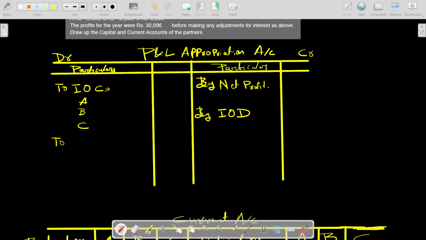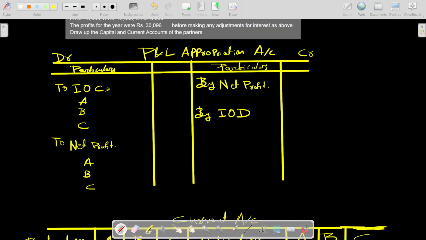But in the problem we don't have any salary given to the partners, and we don't have any commission. We are not giving any commission to the partners, so we will have these things only here, and we have to divide the remaining profit to the partners according to their capital sharing ratio to A, B, and C.